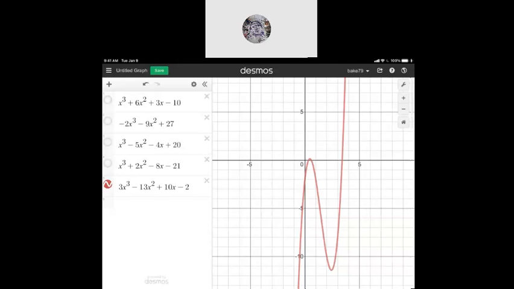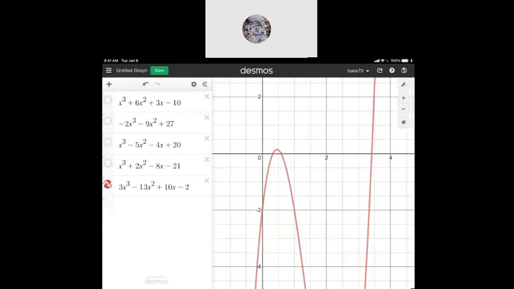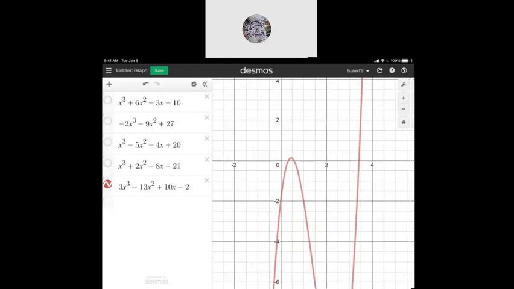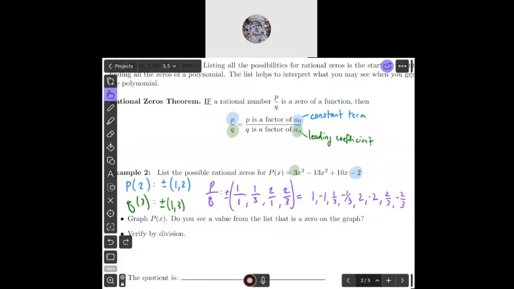So as we look in, of course, what's nice about Desmos or the apps is that we can zoom in and start to get a better idea. But looking at that list of numbers that we just generated, what numbers are we definitely not seeing? What types of numbers are we not seeing on our graph? No negatives, right? So we have this list of suspects and boom, all of those negative ones are gone. And what other types of numbers aren't we seeing on that graph?